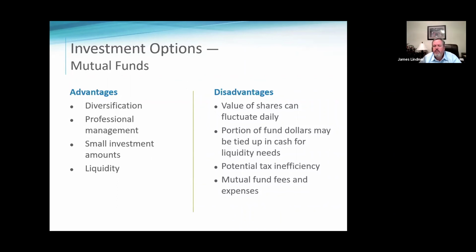Your money could be tied up in cash for liquidity needs, which, if you put $10,000 in a mutual fund, 3 to 6% of that could be in cash. So sometimes you think you have all 10,000 invested, but you really only have 9,500.